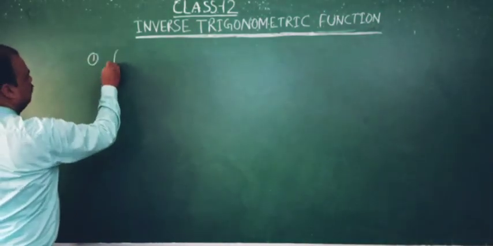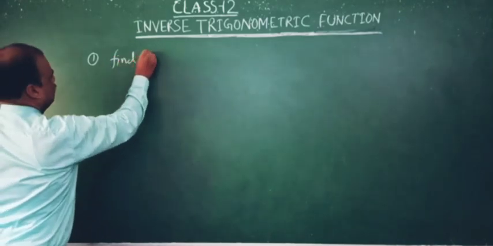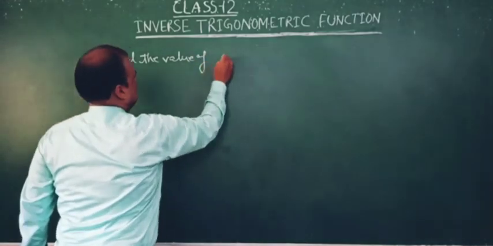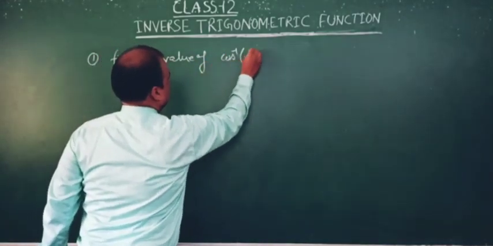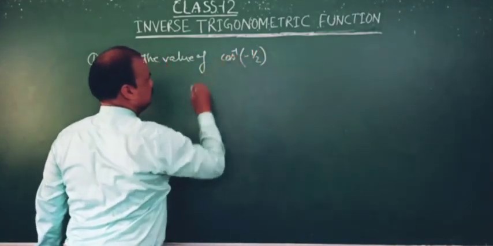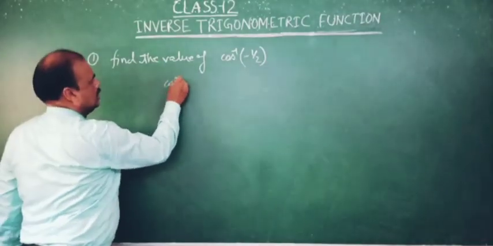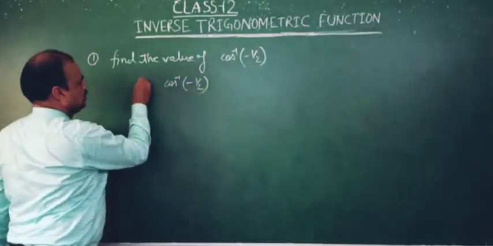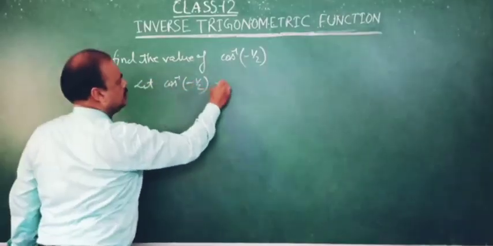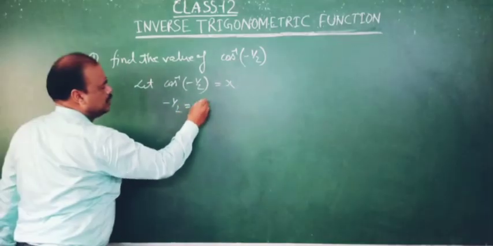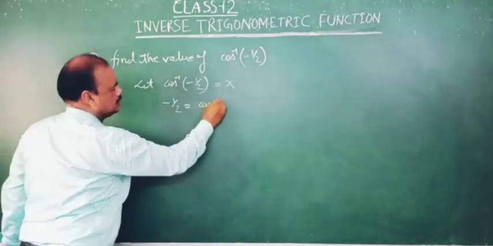Find the value of cos inverse negative half. Let cos inverse negative half equal to x. Then negative half equal to cos x.